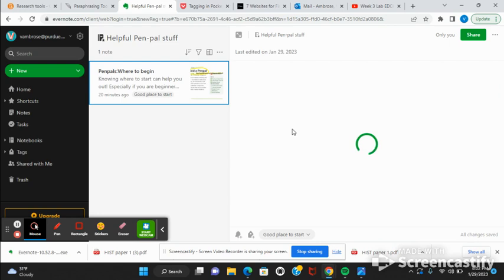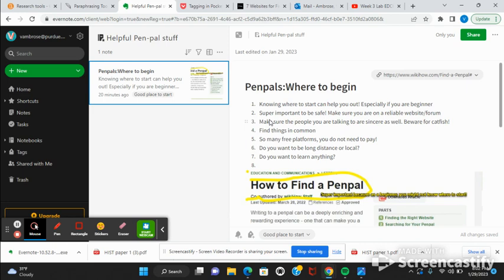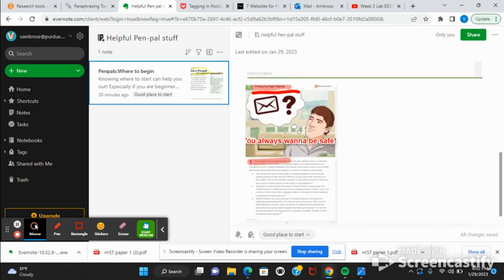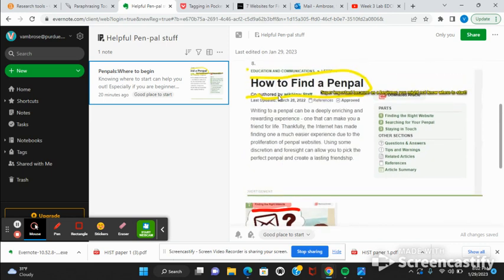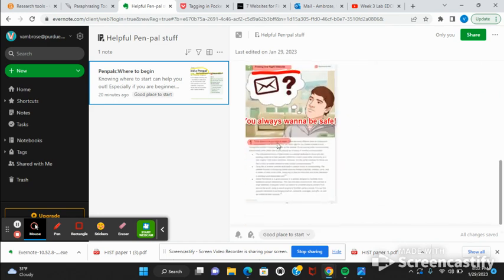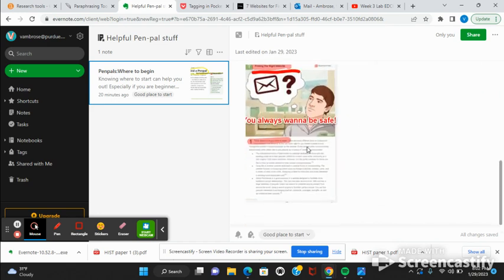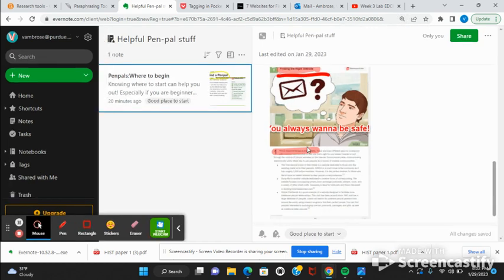If it will load, I always seem to have things load pretty slowly when I'm screencasting. Here is the article, and here are some notes I made. I screenshotted important stuff in the article. So, how to find a pen pal, obviously, that's the most important thing, which I added here as well. And then here, you can't really see it too well, but things.